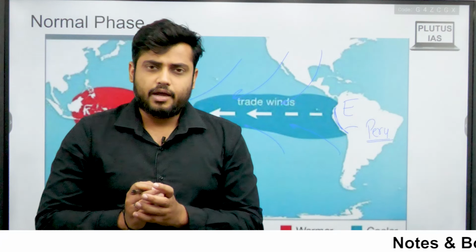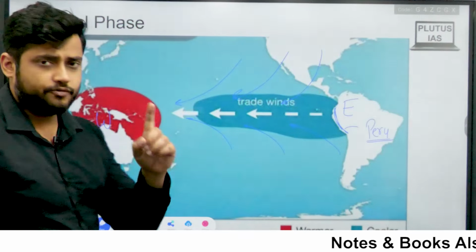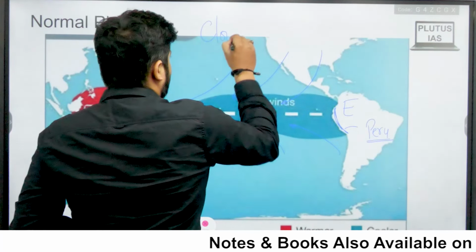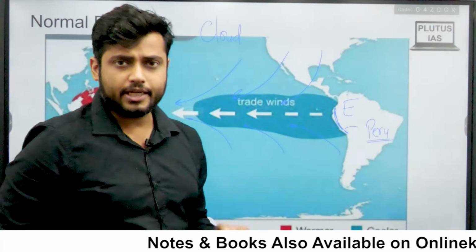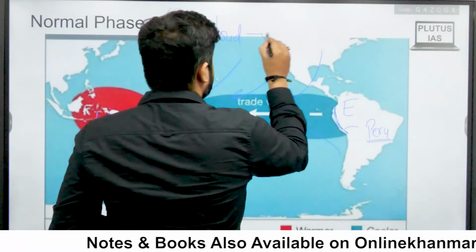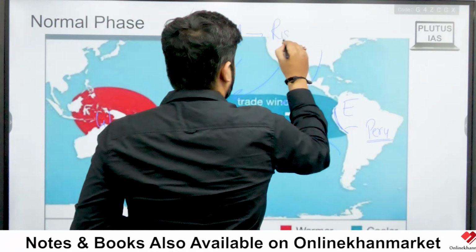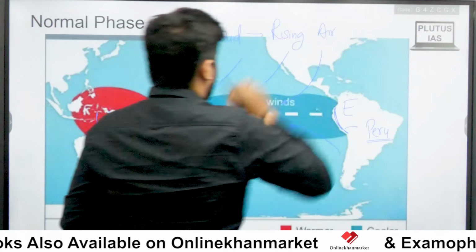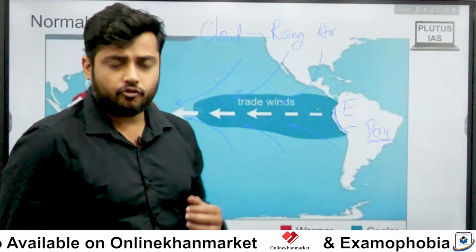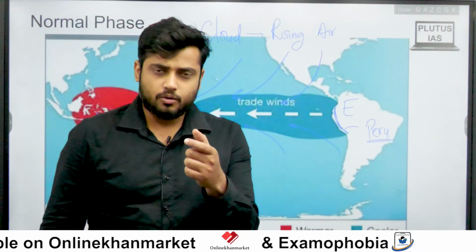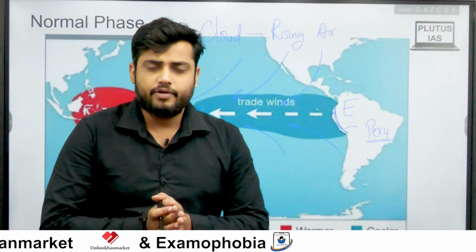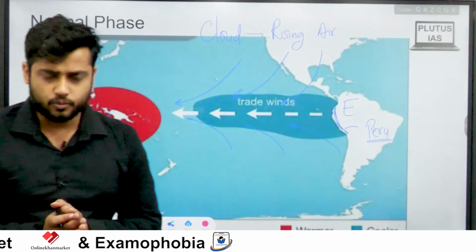You also have to remember one more concept: clouds will always form in regions where the air is rising. Always remember that, the clouds are always formed by rising air. So in all those locations where warm and moist air is rising, we can have cloud formation. This is a rule.